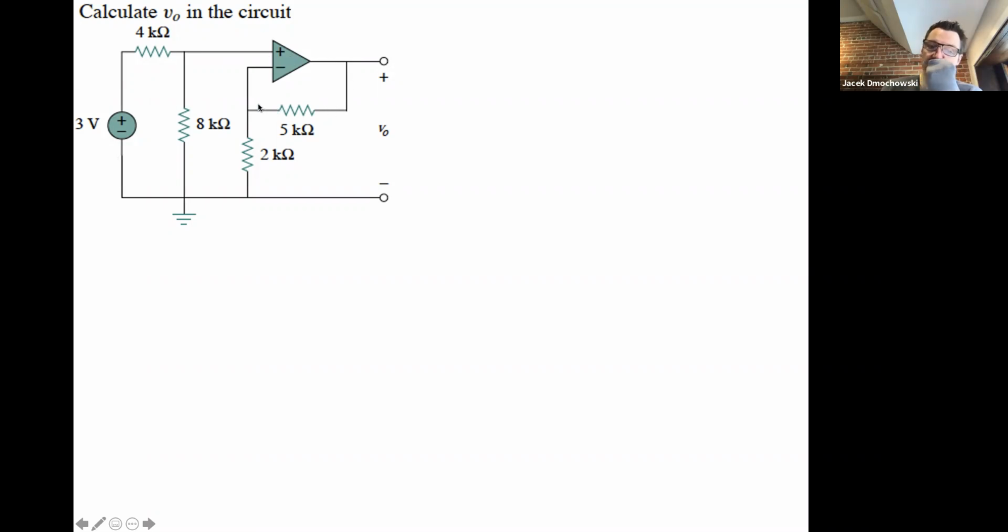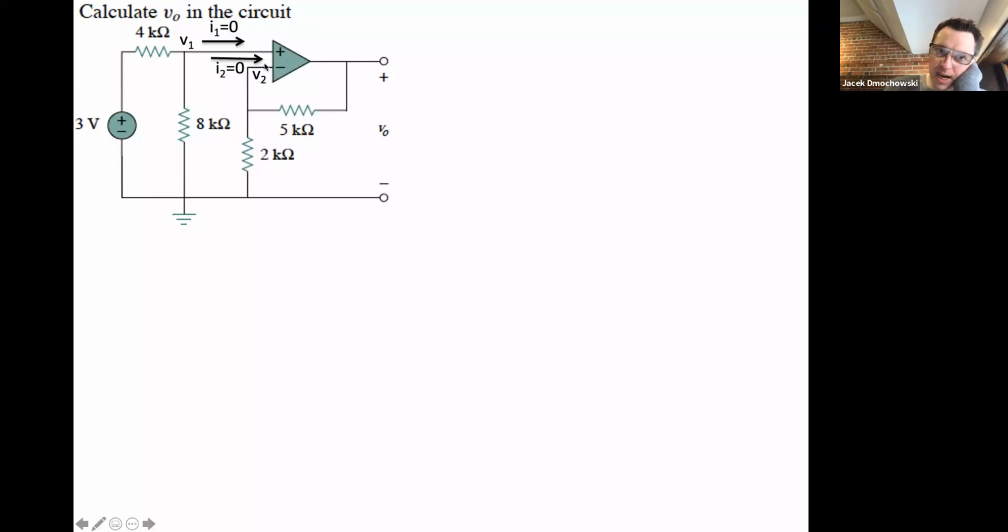The feedback resistor is connected to the inverting side, and there's no source along this path, right? There's no source on the negative side. So we have a hunch that V naught is going to have the same polarity as the input. But the only way to really find out is to actually apply KCL at the two inputs.